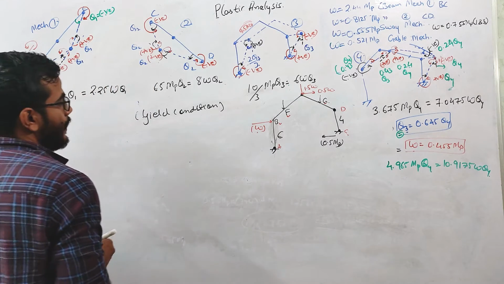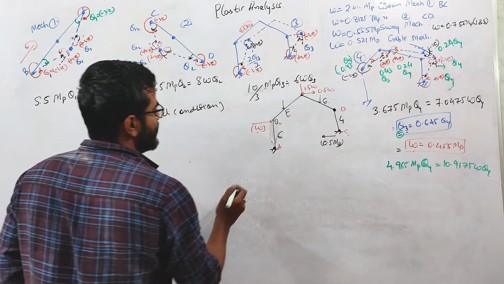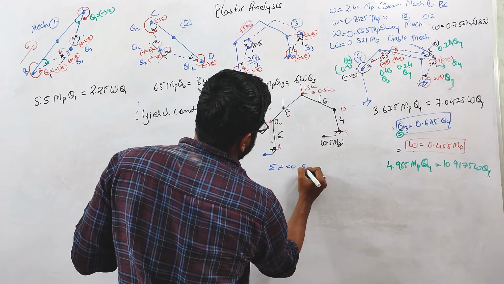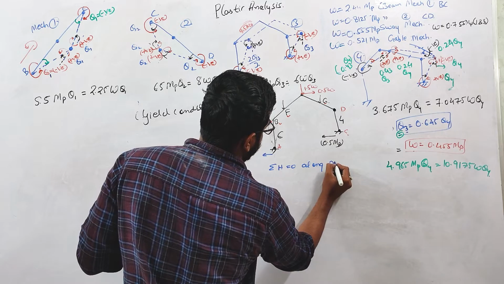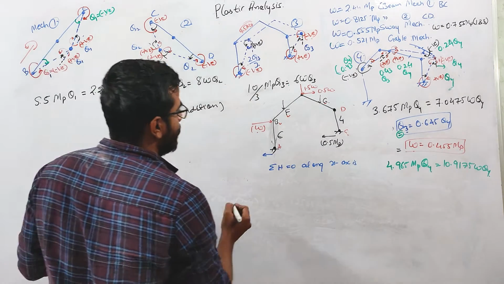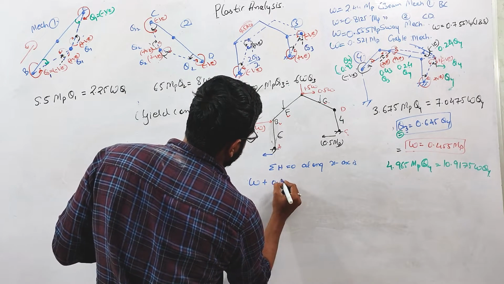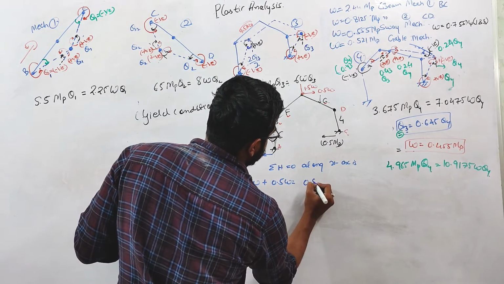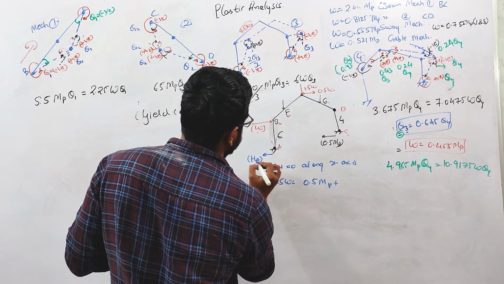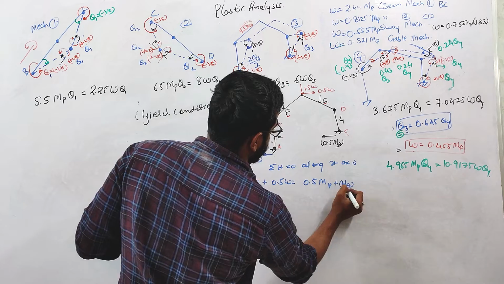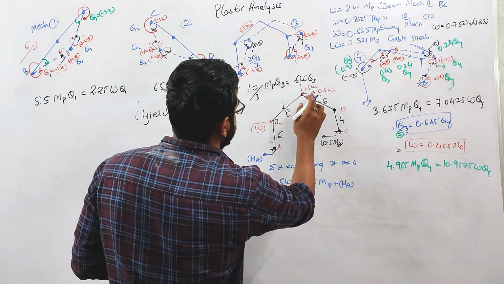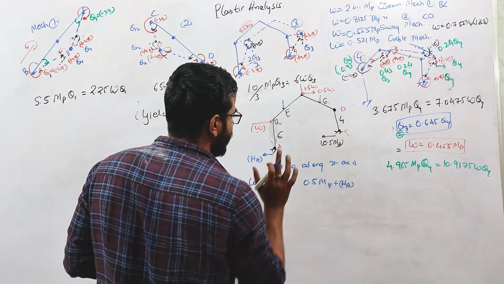Now we can also calculate the horizontal reaction acting at this point by considering summation H equals 0 along the horizontal direction, or x-axis. So I can say W plus 0.5 W equals 0.5 MP plus HA, supposing the horizontal reaction acting at this point is HA. For horizontal equilibrium, the horizontal loads will be equal to the horizontal reactions.